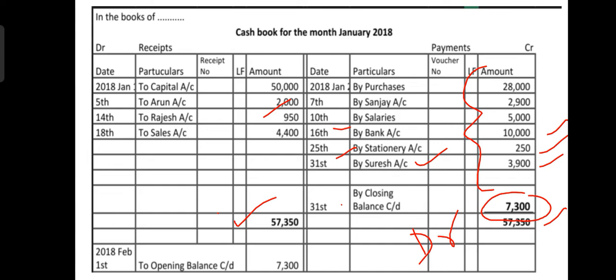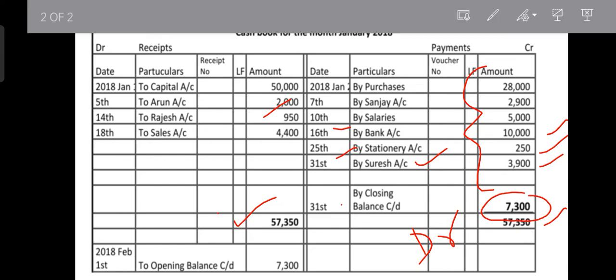It should show either a debit balance or zero balance. And the closing balance of the month 2018, that is 7,300, becomes the opening balance for the immediate next period, that is 1st February 2018.